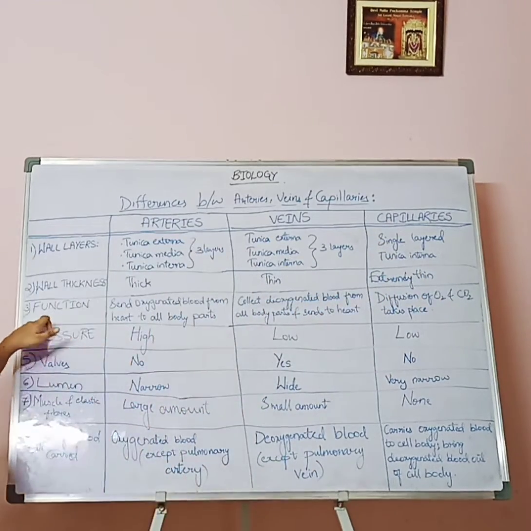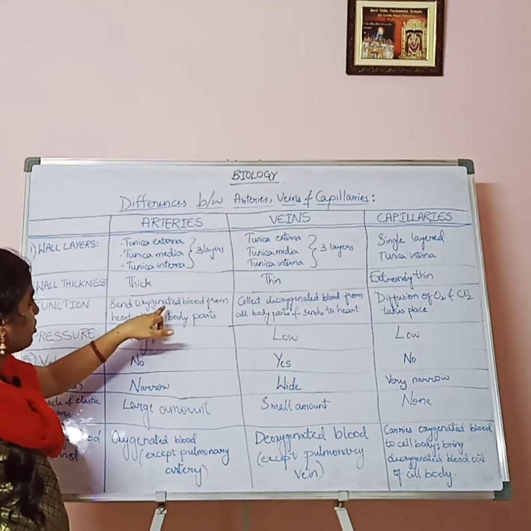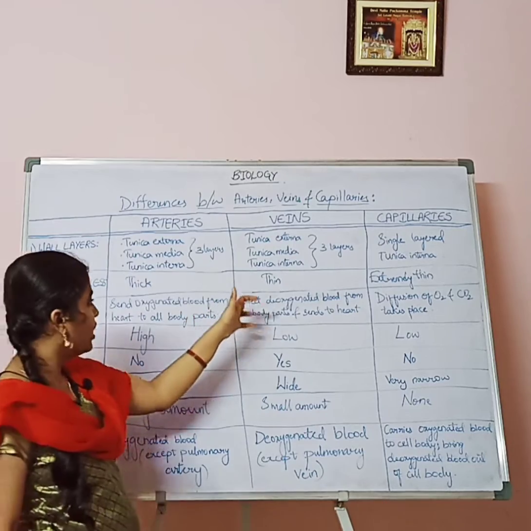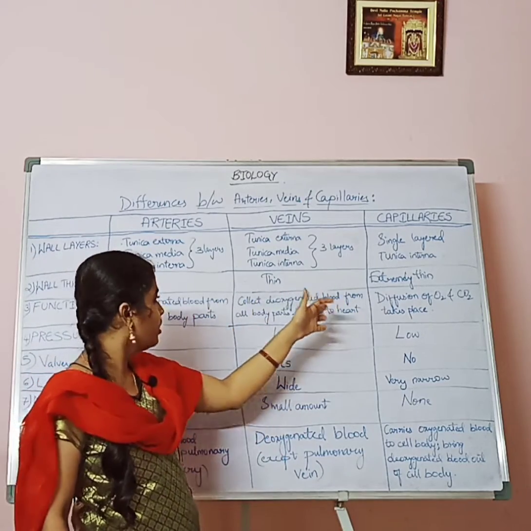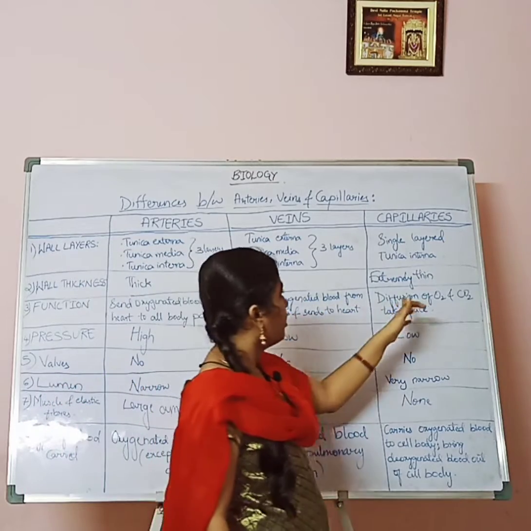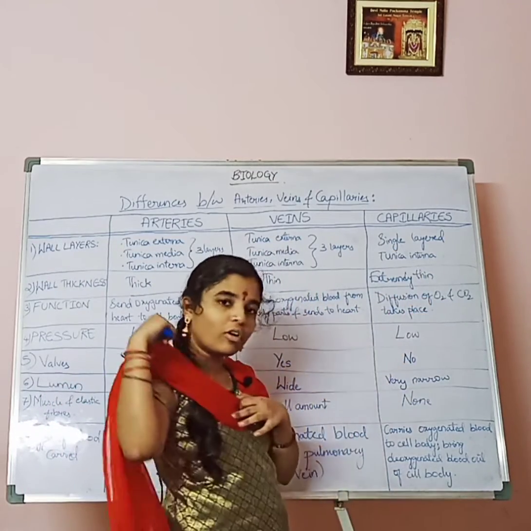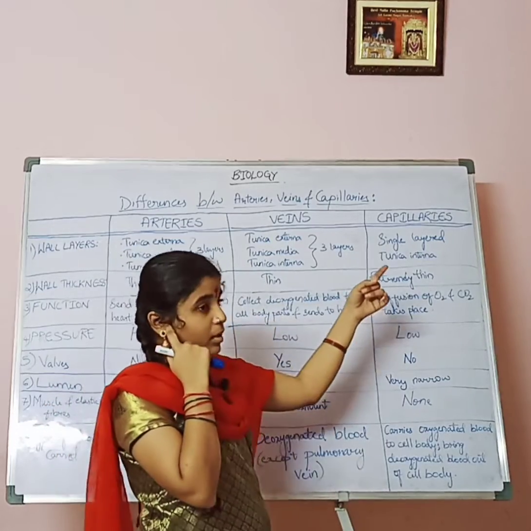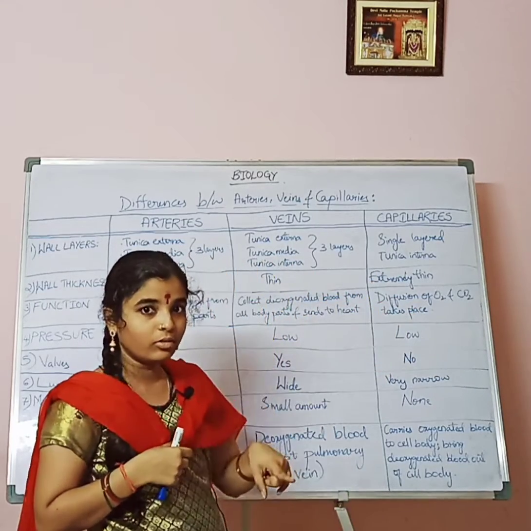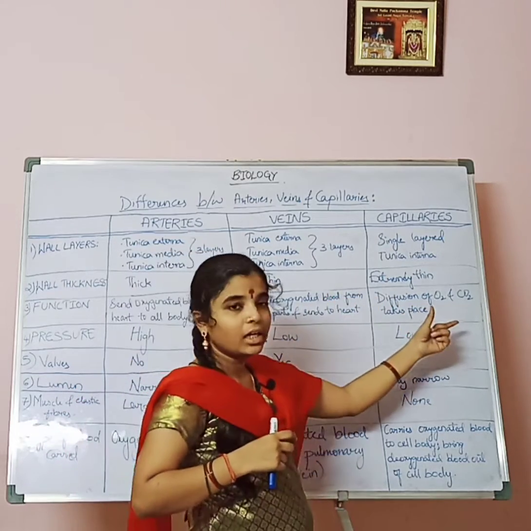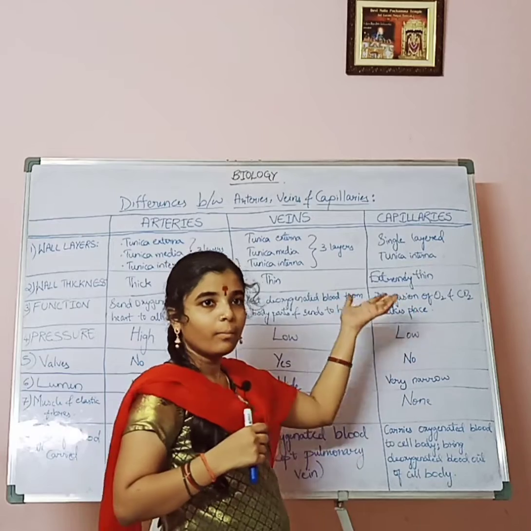Next, function. Arteries send oxygenated blood from the heart to all body parts, and veins collect deoxygenated blood from all body parts and send it to the heart. In capillaries, diffusion of oxygen and carbon dioxide takes place. Oxygen from the blood enters the tissues, and the metabolic waste, carbon dioxide, enters the blood.